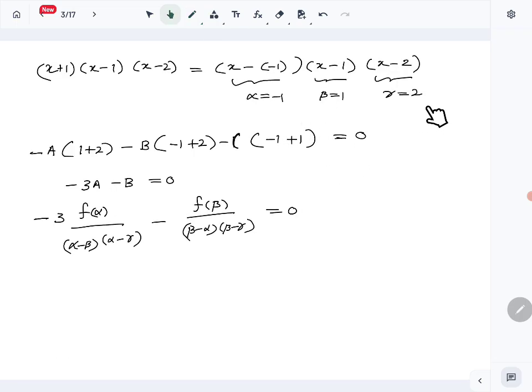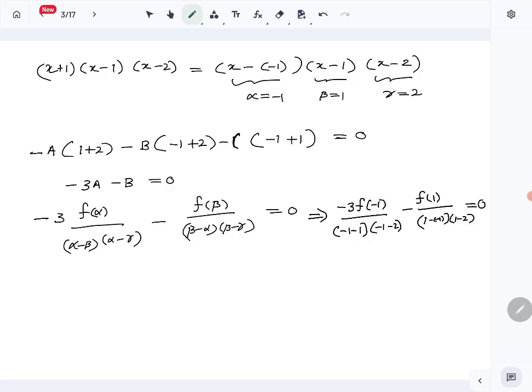Alpha is minus 1, beta 1 and gamma 2. So we have from here minus 3 f of minus 1 over minus 1 minus 1, minus 1 minus 2, minus f of 1 over 1 minus minus 1, 1 minus 2, equal to 0.